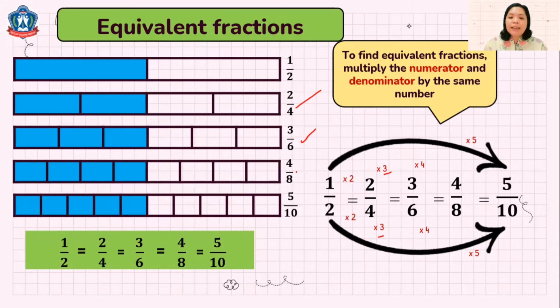So all of these 5 fractions are equivalent fractions. We can also continue. Multiply 1/2 by 6. It will give us 6/12, and that is also an equivalent fraction of 1/2. So this is the way to find the equivalent fractions.